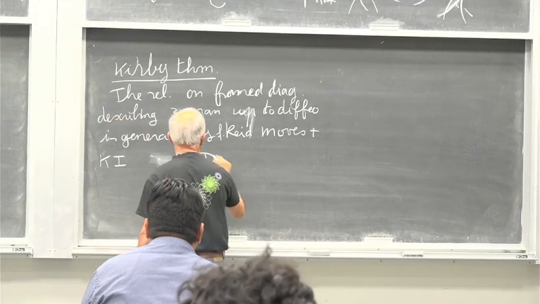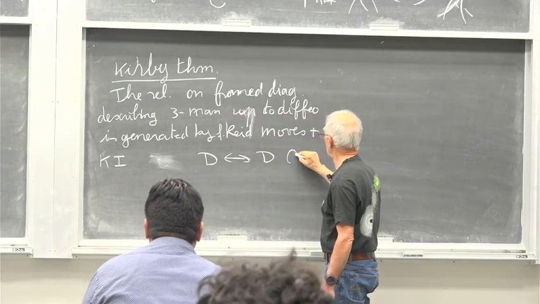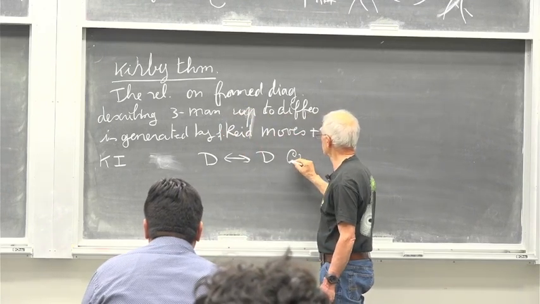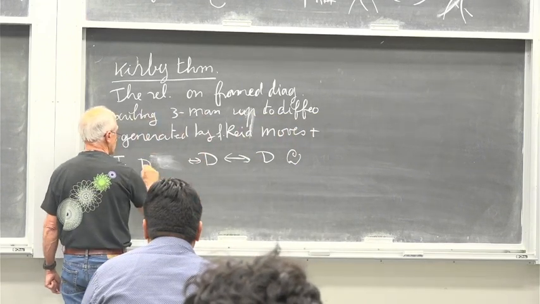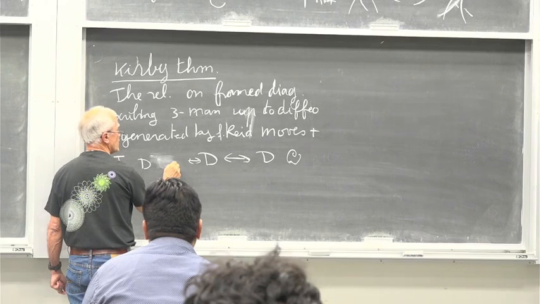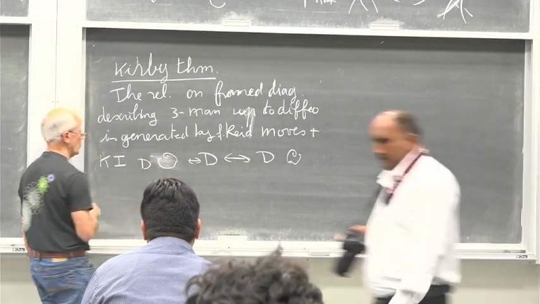So you take a diagram, and you can go to a diagram with a small thing, or to a diagram with a small thing in the other direction. Sorry, I should have put the example before, but I finish.